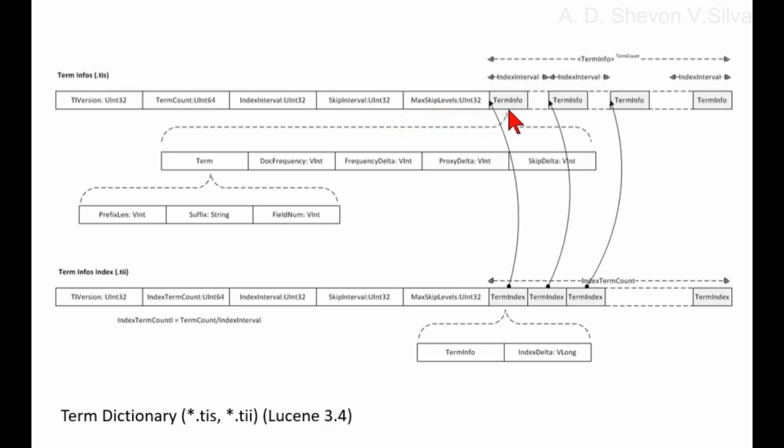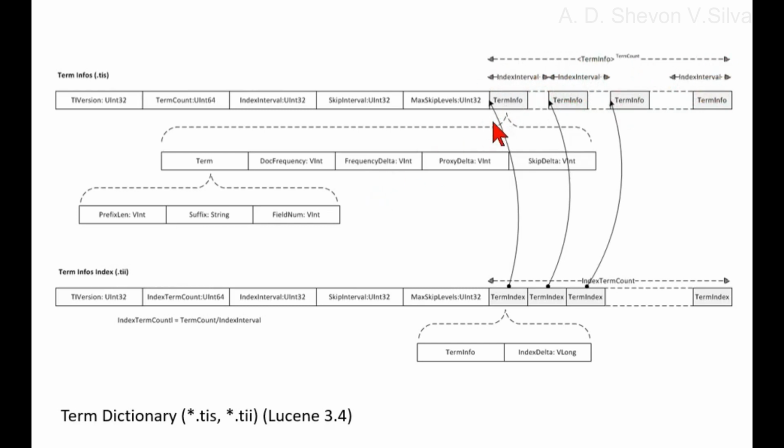Here term infos, and then after the gap, term infos there. Here index intervals, one index interval here and then another index interval. Here is the term infos, term count.